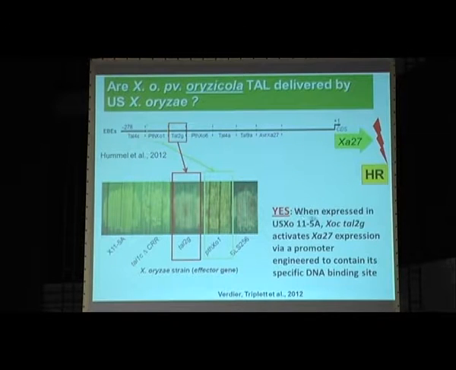And the answer is yes. When you express the TAL2G, which is the Xanthomonas oryzicola effector, in the US strain, the PTHX01 is a control, it's the Xanthomonas oryzae effector, you actually activate a hypersensitive response. And we actually showed that you also activate the downstream effects.